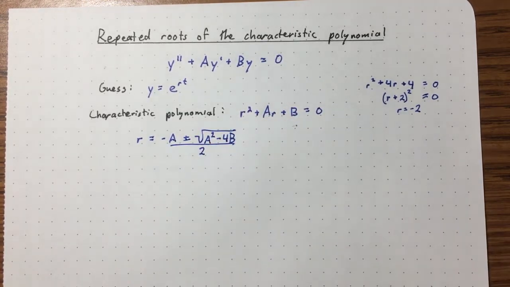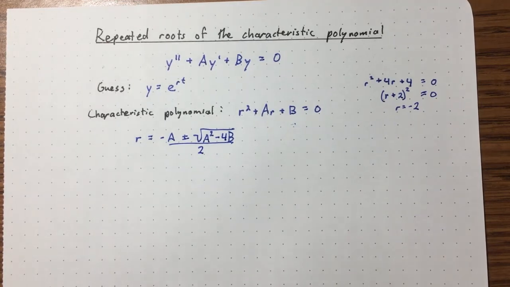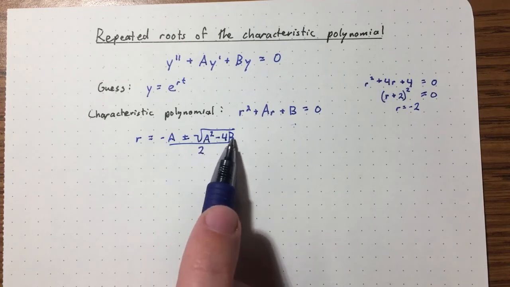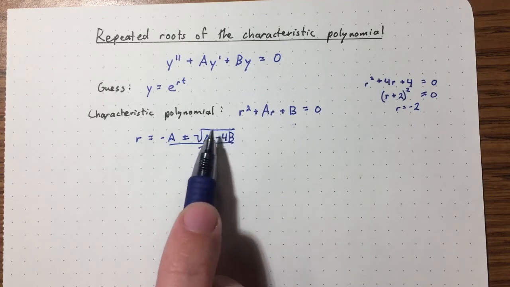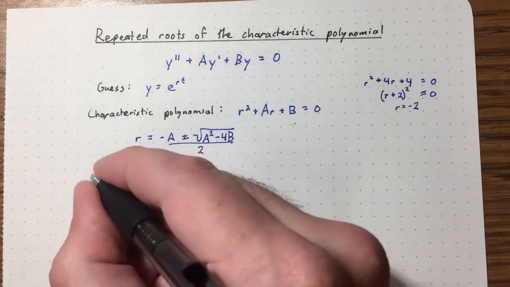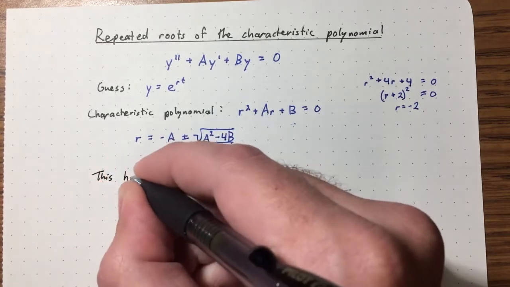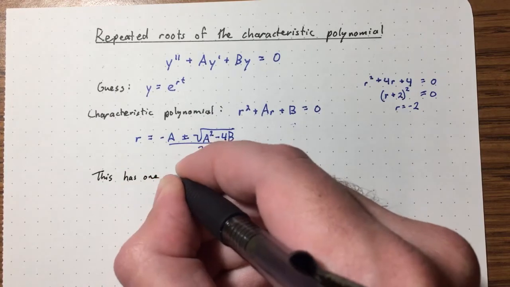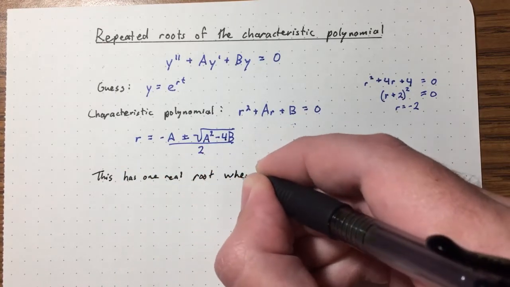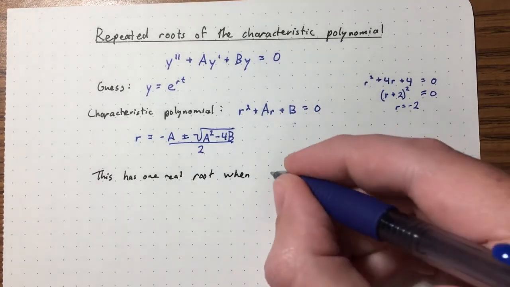When will this have one real root? It will have one real root when the thing inside the square root is 0, when a squared minus 4b equals 0.